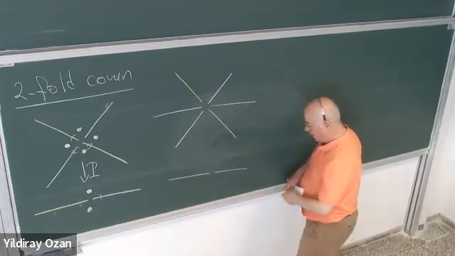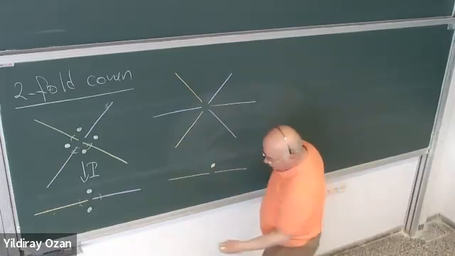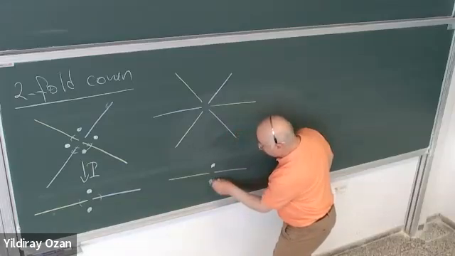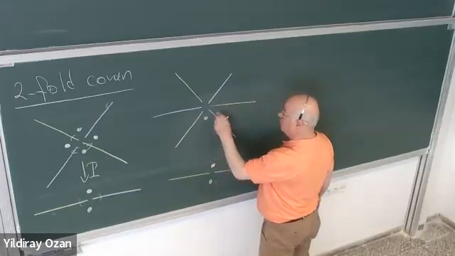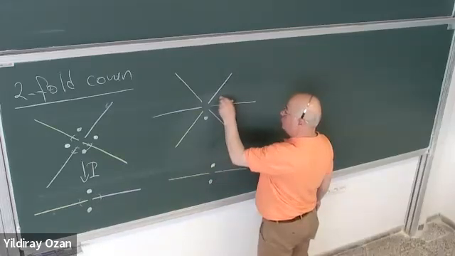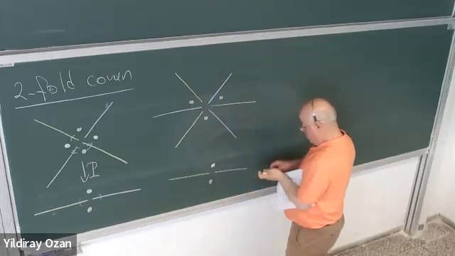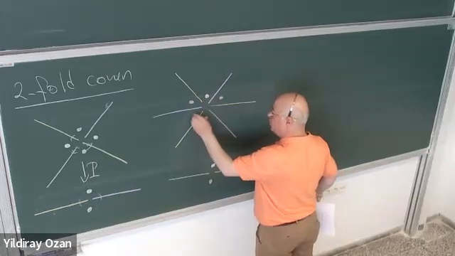And if we have a dot like this here, and another dot like this, then I have these points here.